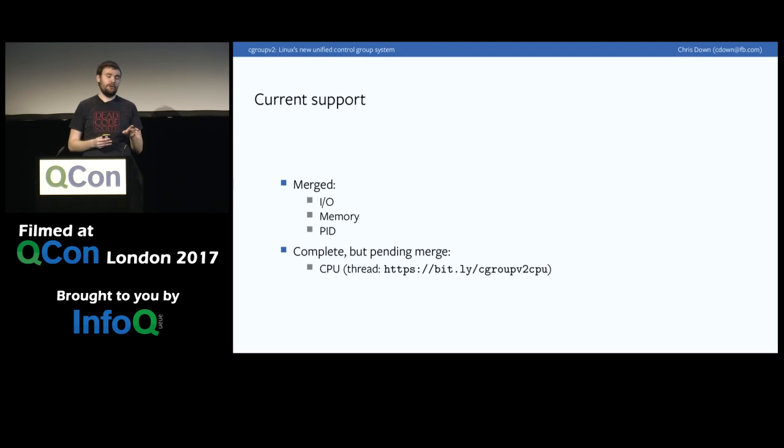They have some concerns about process granularity versus thread granularity and the no internal process constraint. We're in a dialogue with them about how to move forward, and we are getting there. There are some compromises being made here, and hopefully it should be merged soon. There may also end up being a syscall interface for some kinds of thread control, but we'll have to see how that goes.